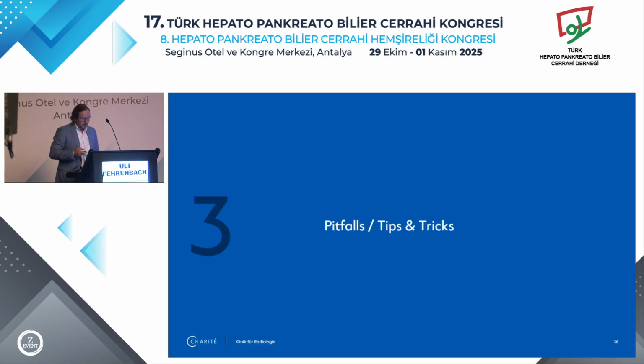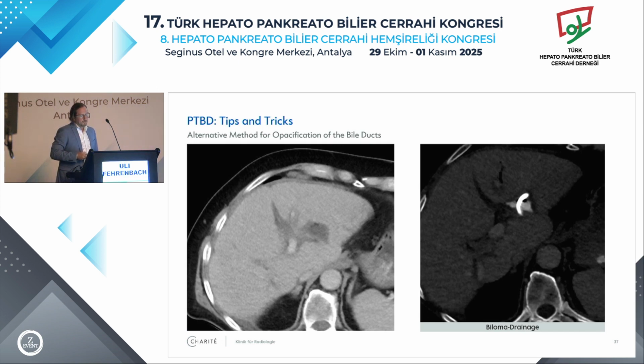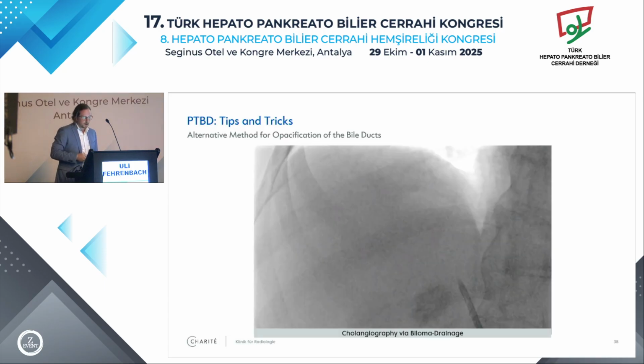So I want to show you some other tips and tricks, what you can perform percutaneously and what you can expect from your interventional radiologist. This was a case with a bilioma after a non-anatomical resection.